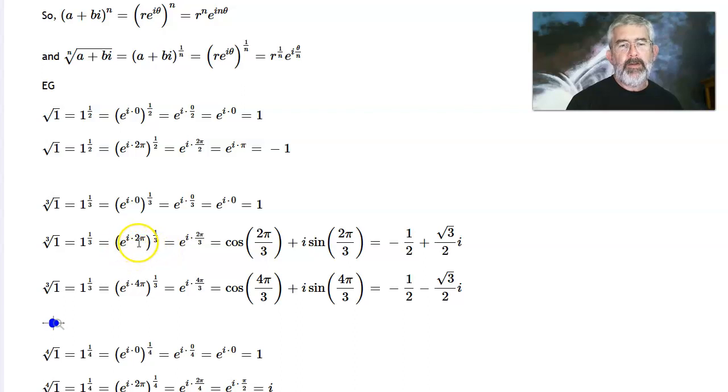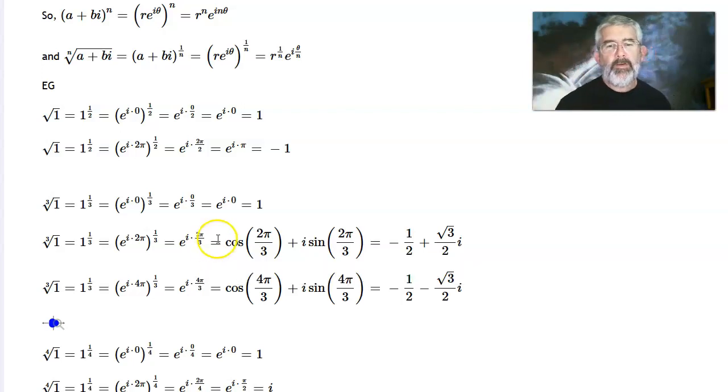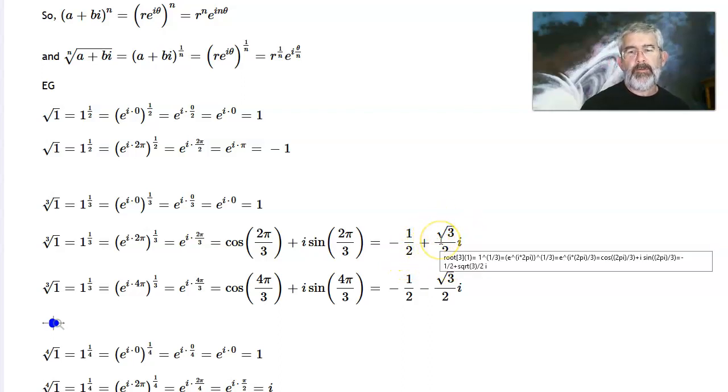Here I got e to the i 2 pi over 3. Where is that? That's out in the second quadrant. So I've got cos 2 pi over 3 plus i sine 2 pi over 3, a negative real component of -1/2 and a positive imaginary component of square root of 3 over 2.